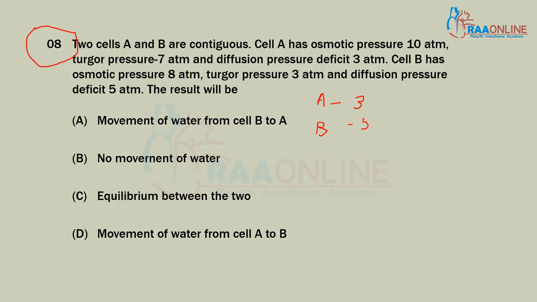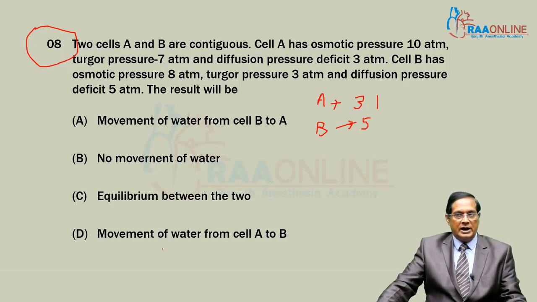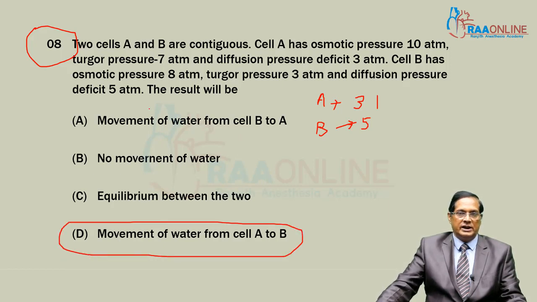That is more DPD in cell B. In cell A, DPD is less. And the direction of movement of water is always from low DPD to high DPD. That's why the answer for this question is from cell A to cell B.